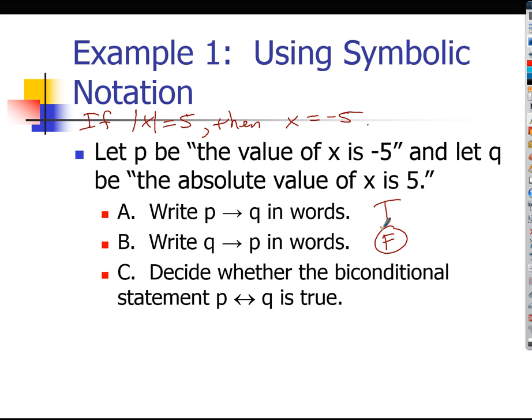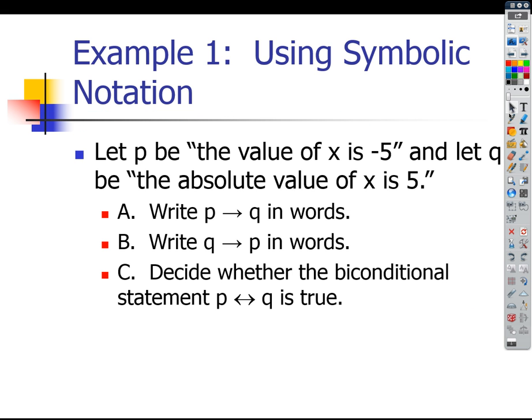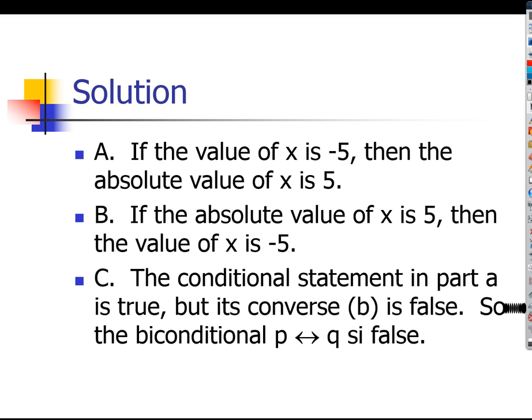X could be 5. That make sense? Okay, so that's false. So we can't write it this way, can we? Okay, make sense? Questions on that? Okay, and here's what we came up with, right? The conditional statement in part A was true, but the converse in part B was false.